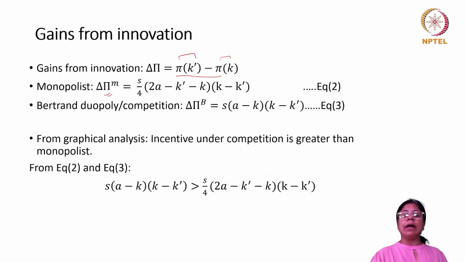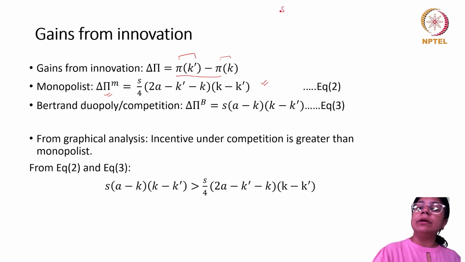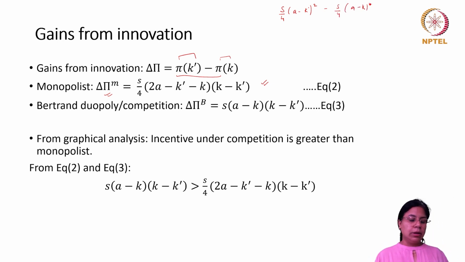So this is what we have done here, and after readjusting the terms, this is what you will get. Just to give you a brief idea, what we have written is S by 4 A minus K prime whole square minus S by 4 A minus K whole square.